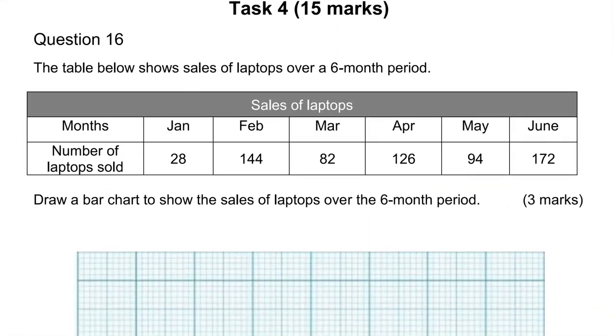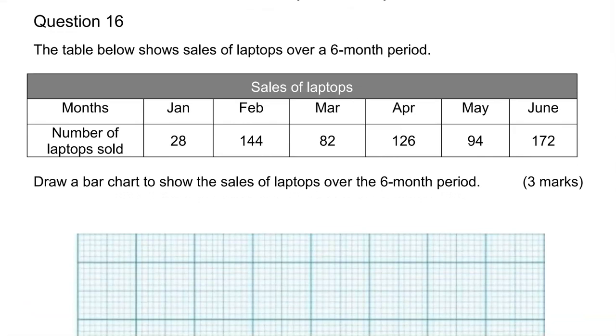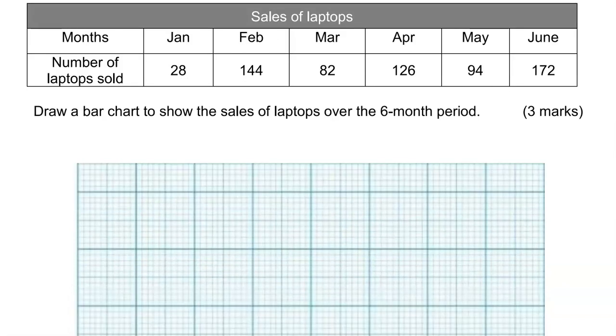Task 4. The table below shows sales of laptops over a 6-month period. Draw a bar chart to show the sales of laptops over the 6-month period. So we've got the months from January to June, which we're going to represent horizontally.